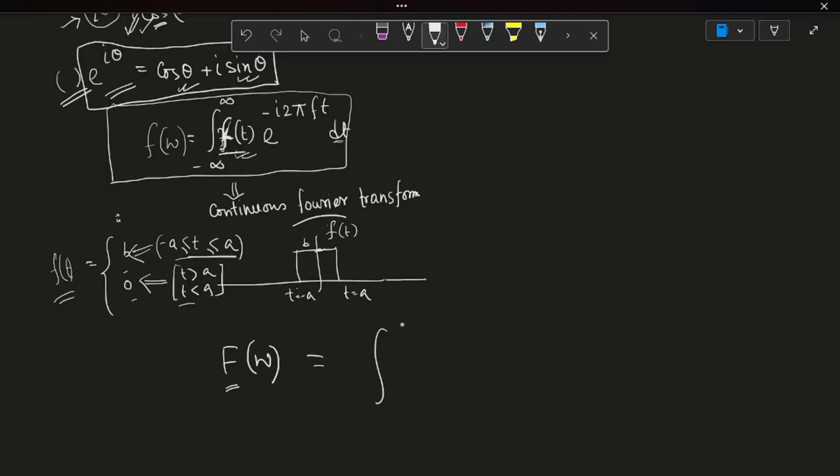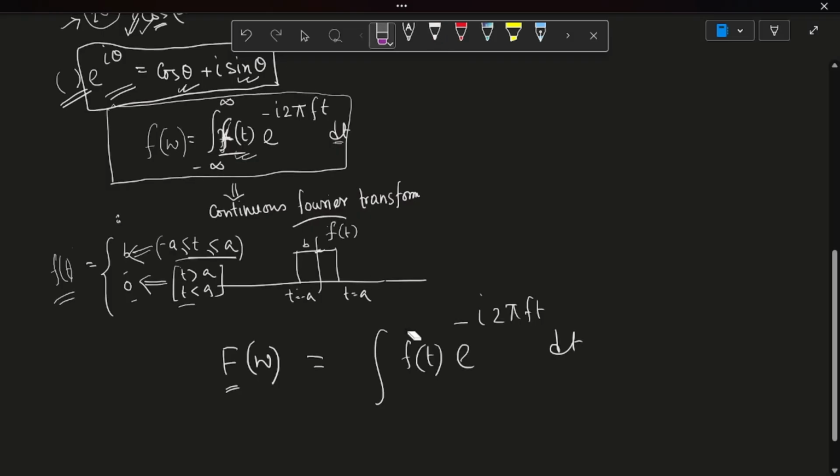This is your functional form: you will write f of t, e to the power minus i 2 pi ft, dt. In place of 2 pi f, let me write omega, or otherwise it will be confusing because we are calling the function also f. It is in the Fourier domain.